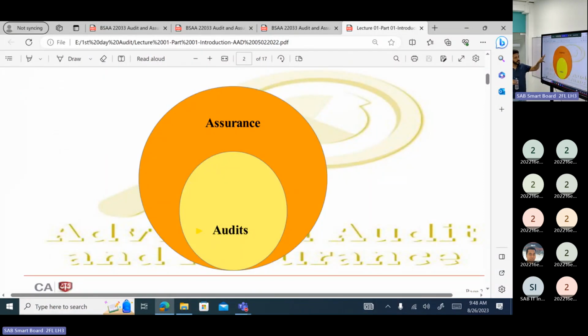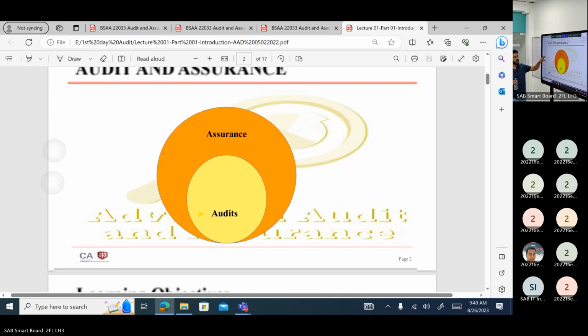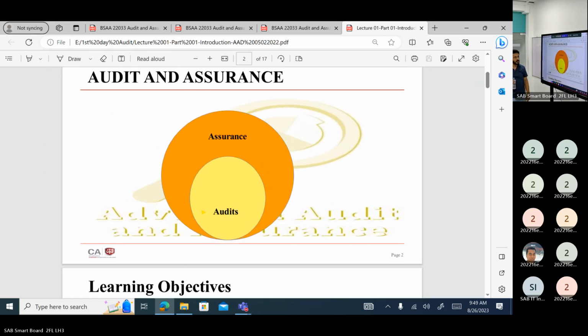This is about the subject. From the snapshot, you can understand what it is.